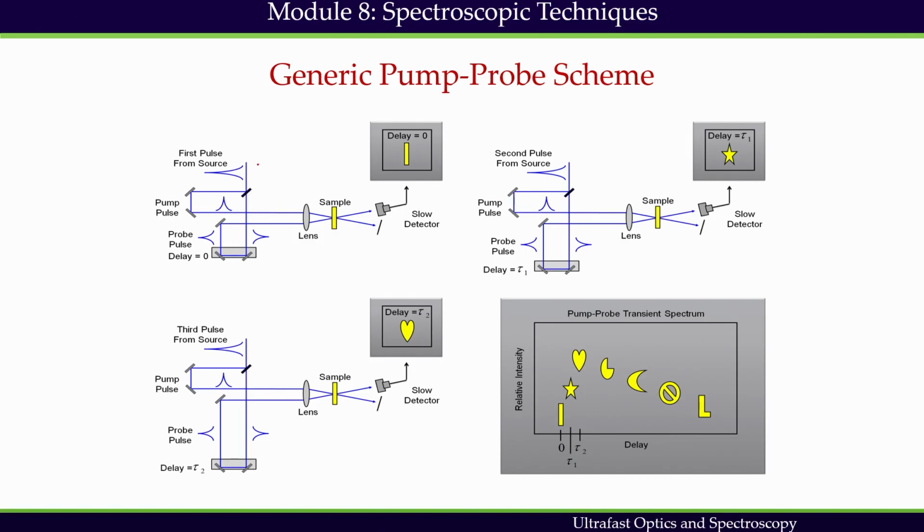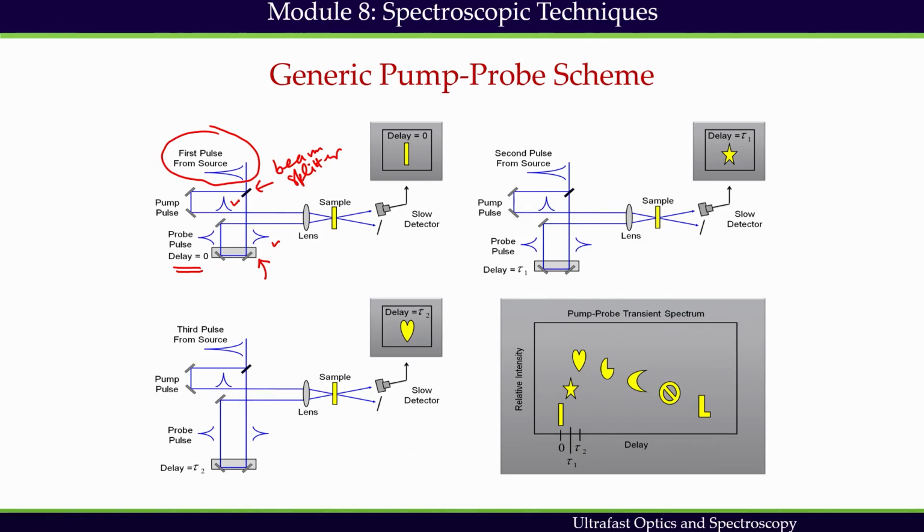So let's say it's just like the pulse measurement techniques we have seen. This is the pulse coming out of the source. We can use a beam splitter and we can generate two different pulses, this one, and we can introduce a delay between two pulses with this delay stage.